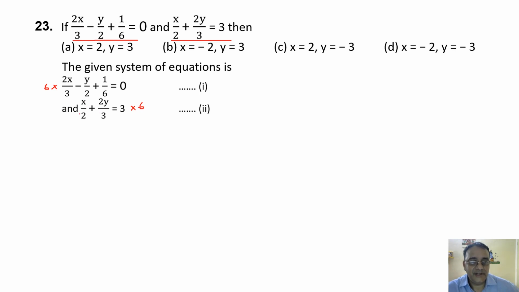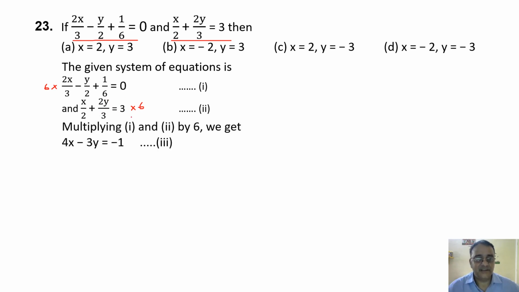Okay, so if you multiply with 6, you will get 3x plus 4y is equals to 18. Whether this is clear, these two equations? Yes. Okay, now what we will do, we will multiply with 4 here and we will multiply with 3 this equation.